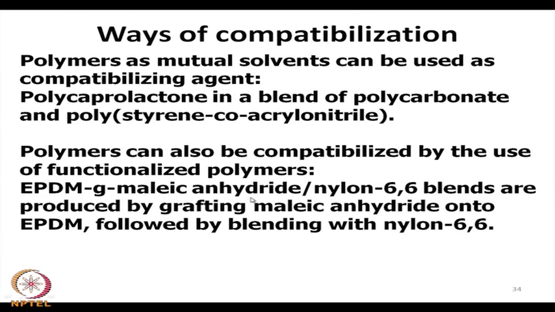But when maleic anhydride is grafted on EPDM, the maleic anhydride part in the grafted chain acts as the compatibilizer. So, EPDM has been functionalized by grafting maleic anhydride, so that it becomes miscible with nylon 6,6. Before such functionalization, EPDM was not miscible with nylon 6,6. So, the interface bonding of these two component polymers could be improved by grafting maleic anhydride on EPDM.